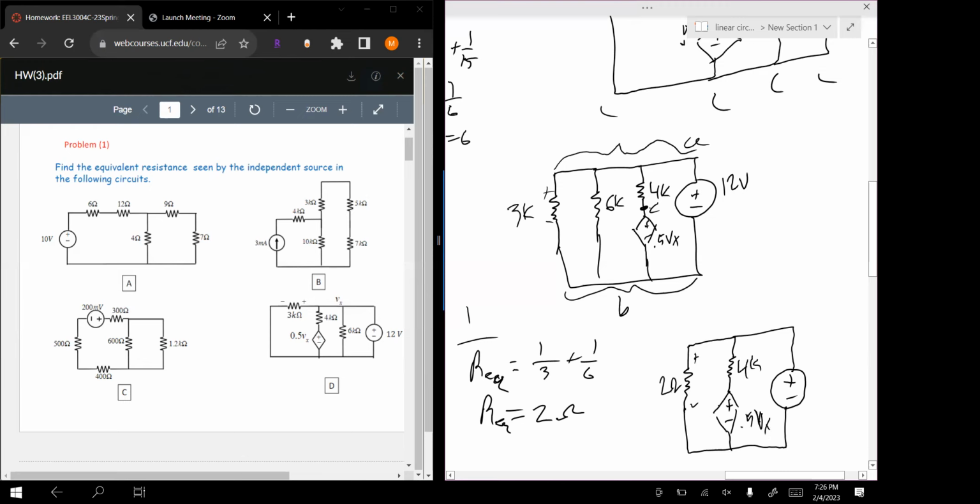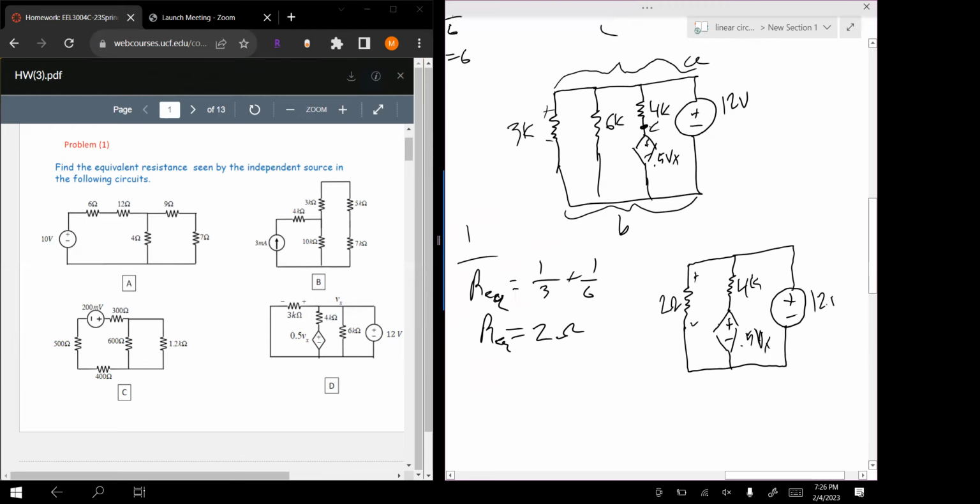Now, I could be wrong. I'm still shooting from the hip on this one. Part of me wants to KVL this. So I'm going to do a KVL maybe like this on the outside and see what happens. This could be wrong, but let's see what our approach is.